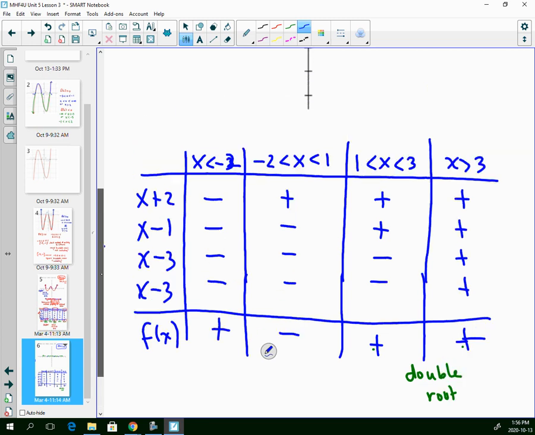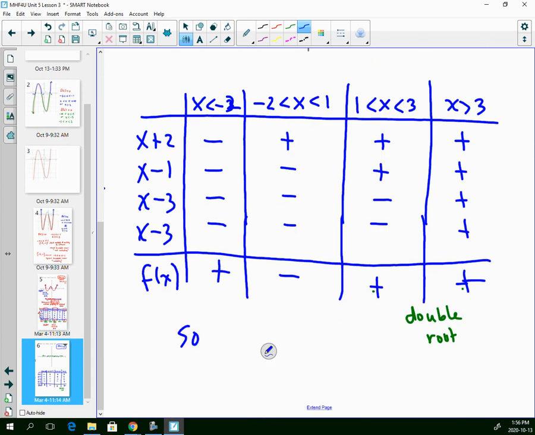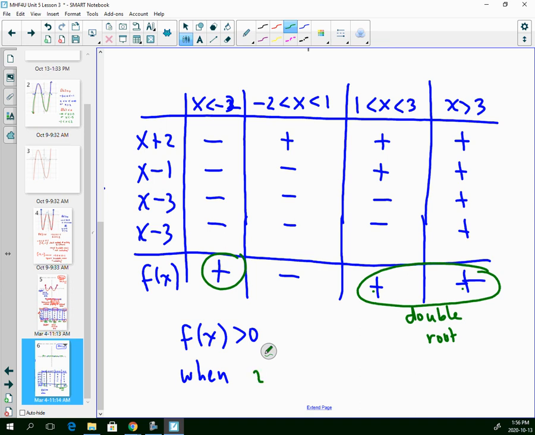So our question was, when is it above 0? I'm just going to write that in. So I'm going to say f of x is greater than 0 when, and I'm looking for a positive result, right? So it is greater than 0, or above the x-axis, when x is less than -2.